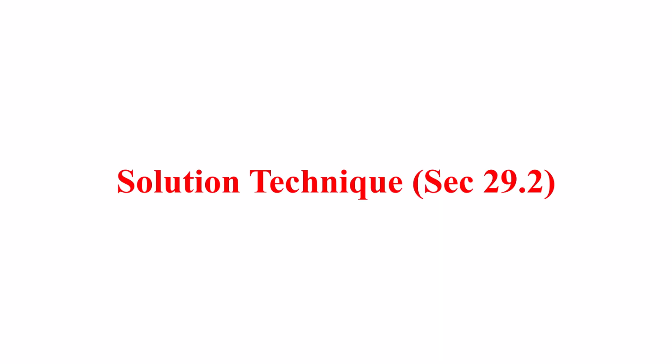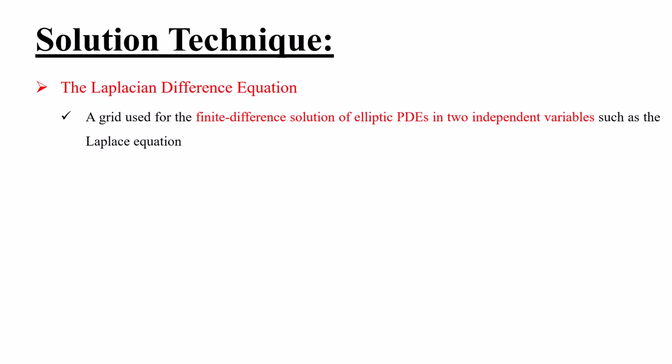Now we will look at some solution techniques, how we can solve these types of equations. For solution techniques, instead of solving the original PDE, we want to replace it and do a numerical solve.